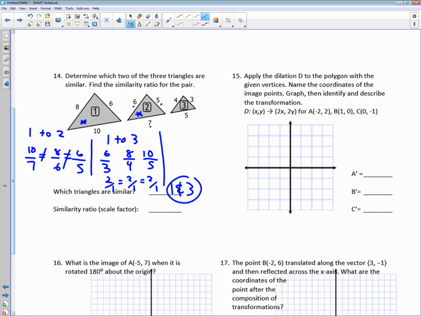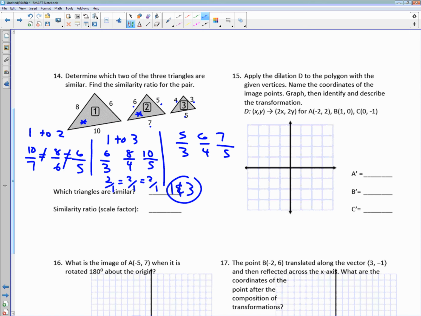Now I could check to see if 2 and 3 are similar, but they shouldn't be, because 1 and 2 don't match and 1 and 3 do, that means that 2 and 3 won't. Real quick, if you go small, medium, large of 2 to 3, you get 5, 6, 7. Small, medium, large for 3 goes 3, 4, 5, and yeah, this isn't going to be the same ratio.